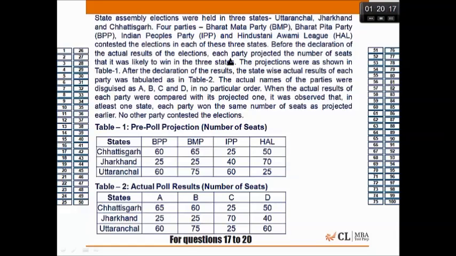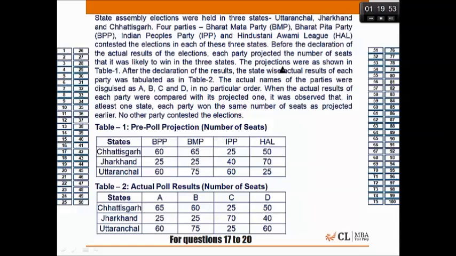One more. There is another DI, let me make a note of it. This is question number 17 to 20. State assembly elections held in 3 states: Uttaranchal, Jharkhand, Chhattisgarh. 4 parties are there. Before the declaration of the actual results of the election, each party projected the number of seats that it is likely to win in each state. The projections were shown in table 1.